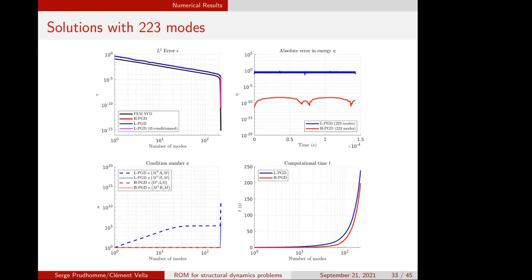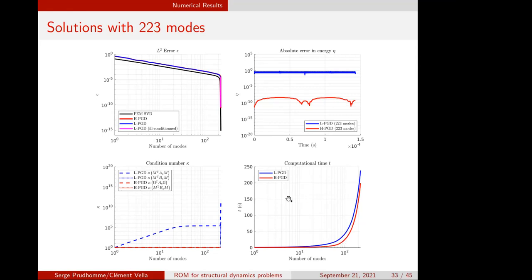Now, with respect to time, and it's only the computational time, the HPGD was slightly cheaper, even if we solve two equations and have double the number of unknowns. It was still cheaper than the Lagrangian.